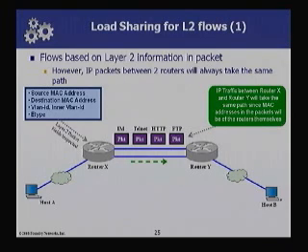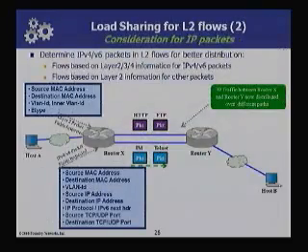So IP packets don't get load distributed properly in layer 2 networks. So a better way is for any router or switch to look deeper inside the packet and determine if it's an IP packet. For an IP packet, it should load balance based on layer 3 and layer 4 information. And of course, for the remaining packets, it will load balance based on layer 2.